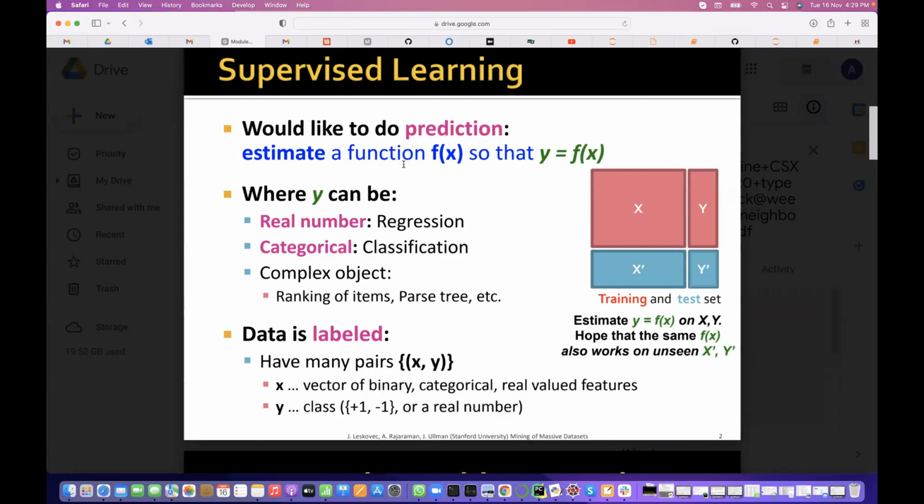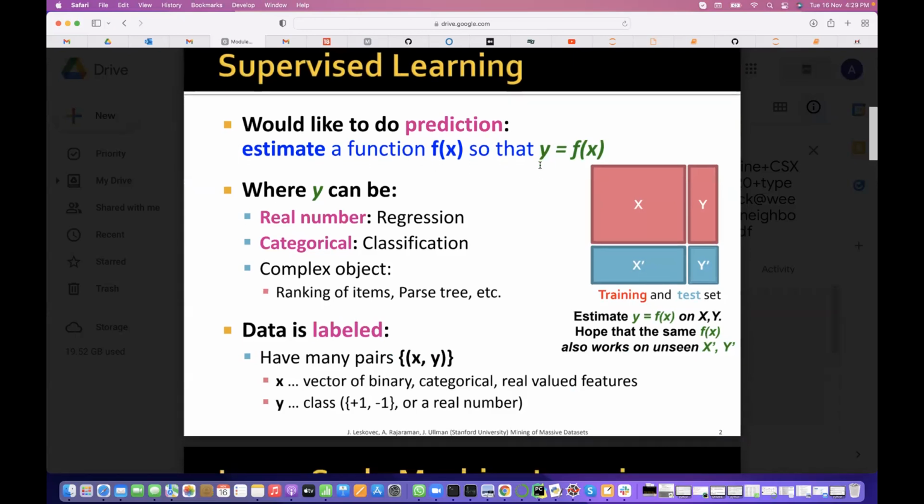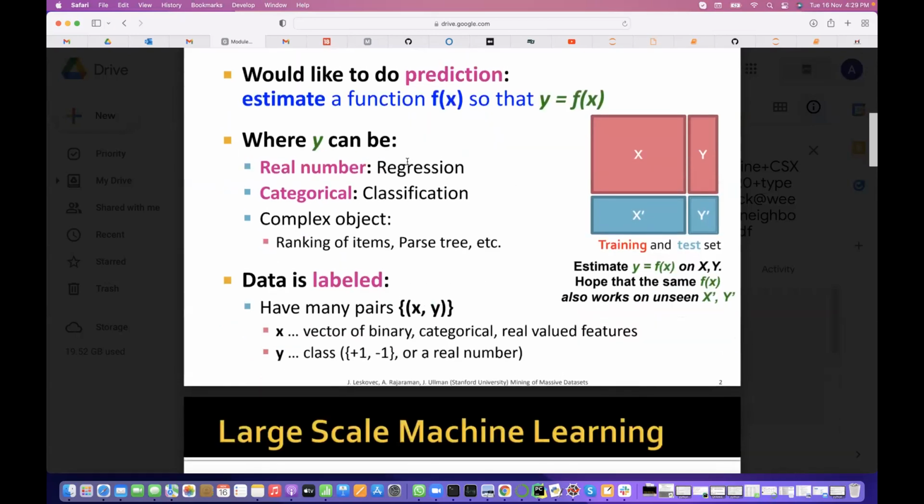So we would like to do prediction, estimate a function f(x) so that y equals f(x). Y is the class label, and of course, he is also extending this to regression. In regression, what they do is they get the nearest neighbors. If they are values, the average of those nearest neighbors is the regressed value. That is the nearest neighbor regression.